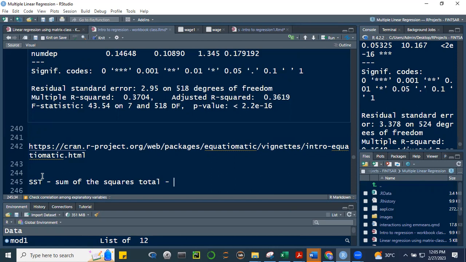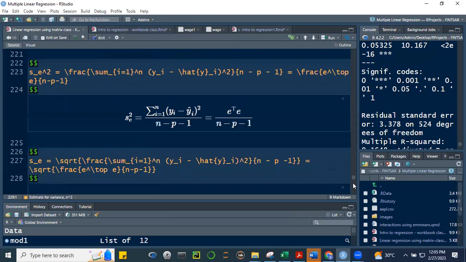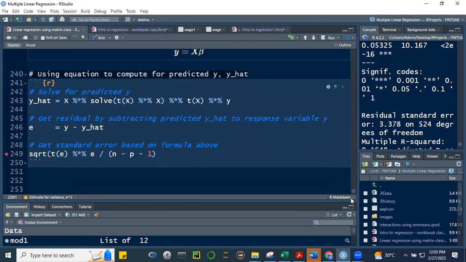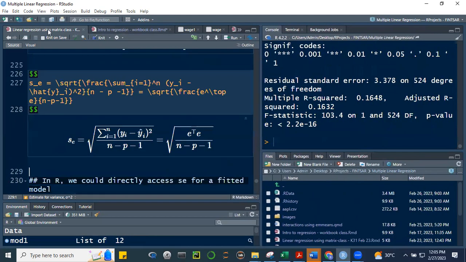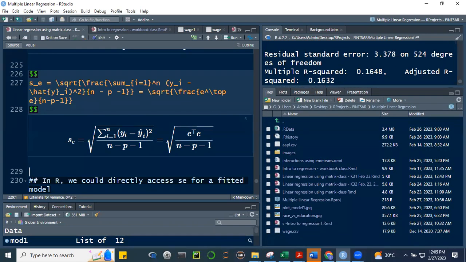Okay, sinulat ko ba? Wait, let me check. Sorry, hindi ko yata nasulat dito.